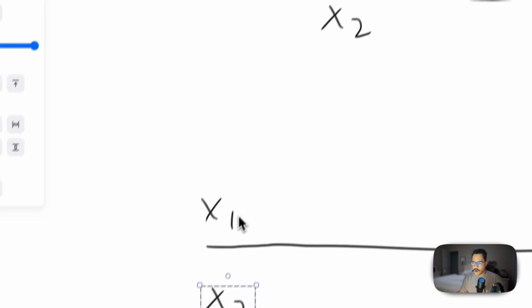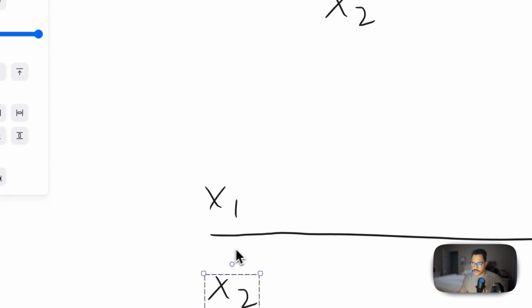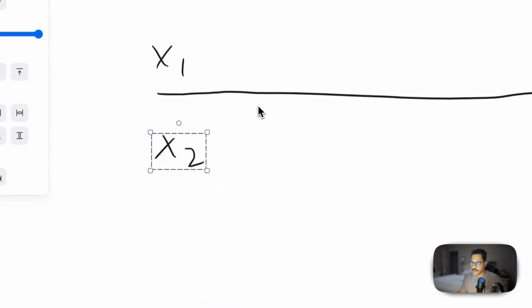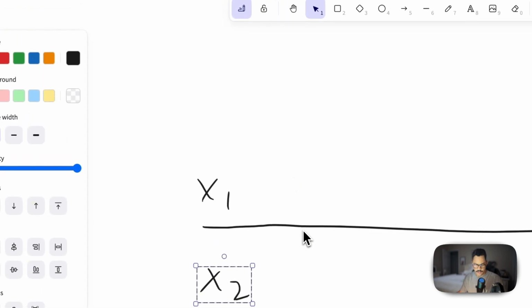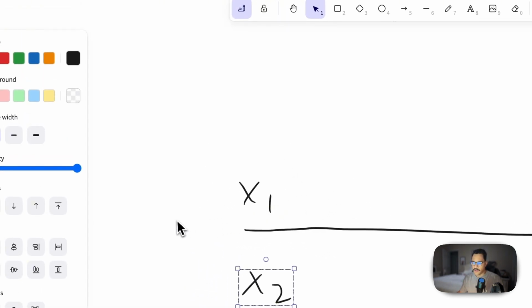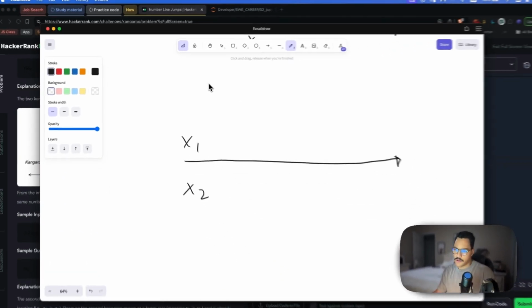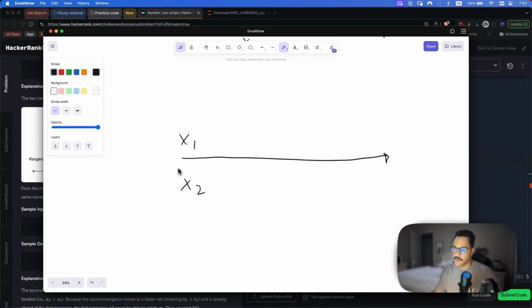The one where they start at the same position seems more interesting right now. Let's go ahead and check that one. If they start at the same position, can we go ahead and return yes because they're already meeting? No, it's gotta be after the same amount of time. They're jumping, so jumps are gonna be involved.